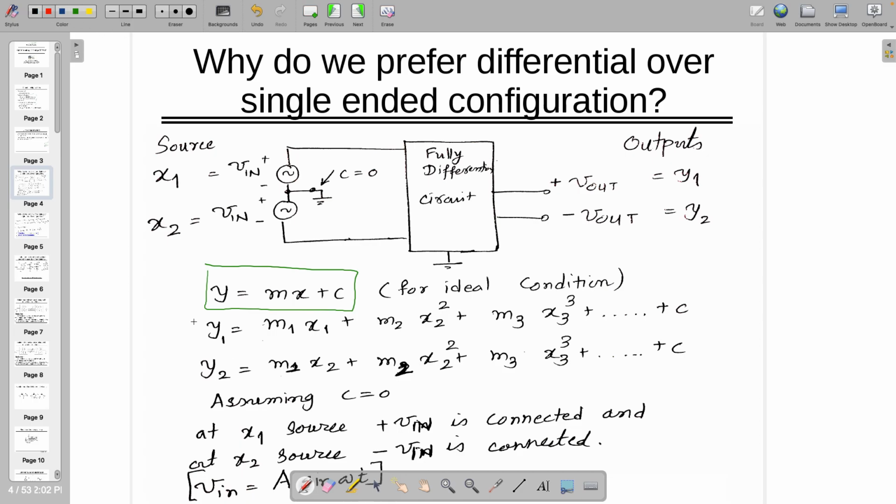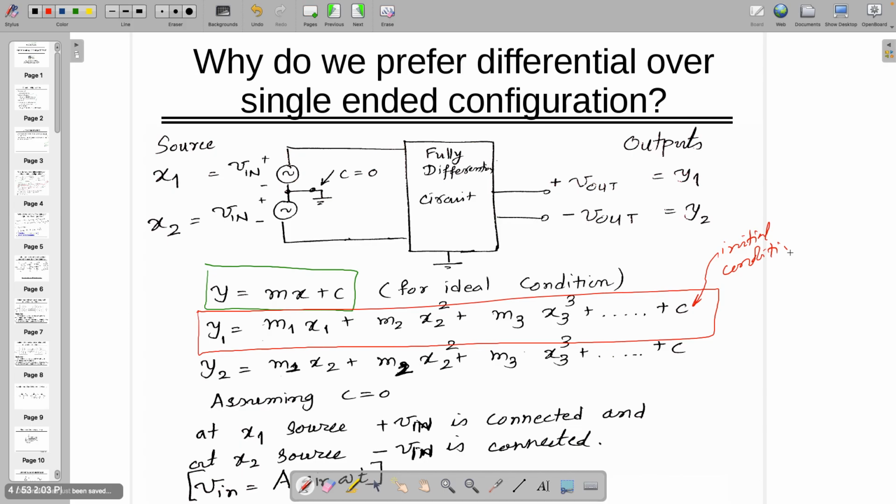The true situation is as follows, where y actually depends on so many higher order polynomial terms, m1, m2, m3 and m4, and all these depend on the slope, and their units are different, where c is the initial condition, or you can say it's a DC value.